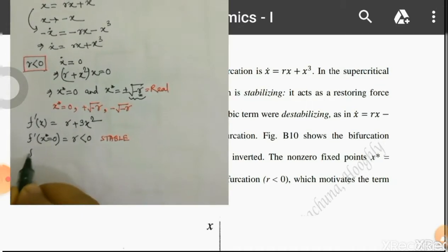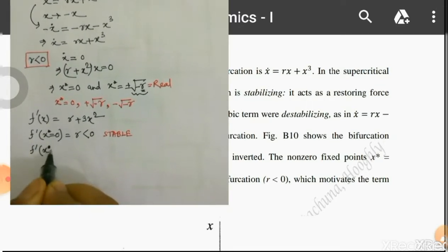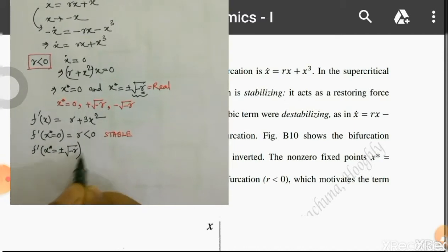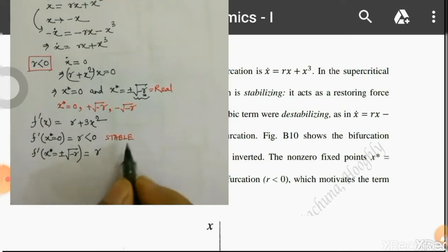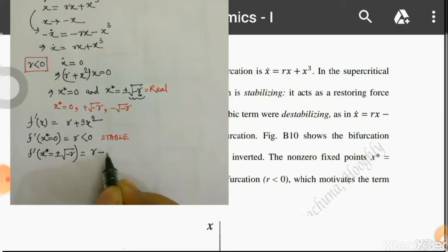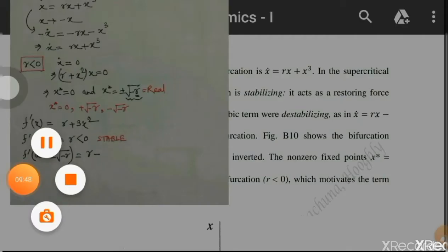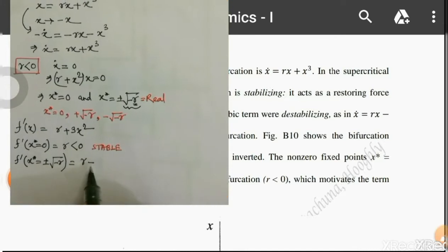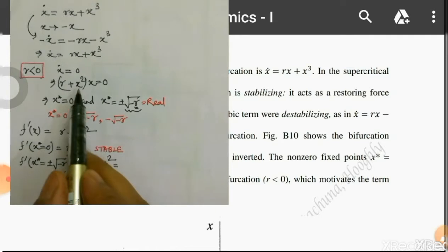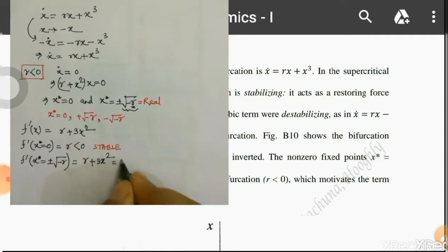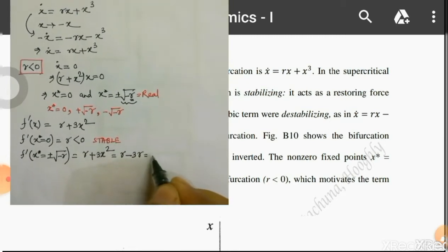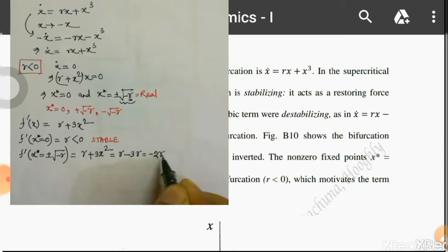And for the other two fixed points, f prime at x star equals plus minus root of minus r will be equal to r plus 3x square, and x square is equal to minus r, therefore r minus 3r, which equals minus 2r.